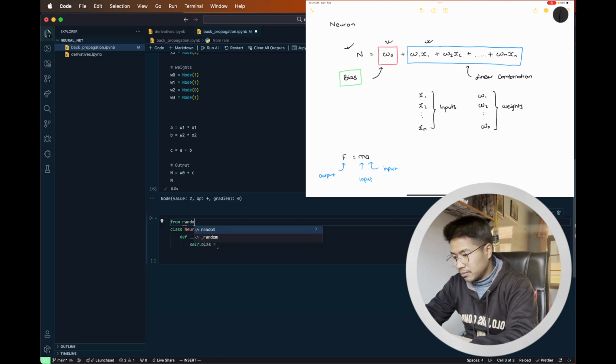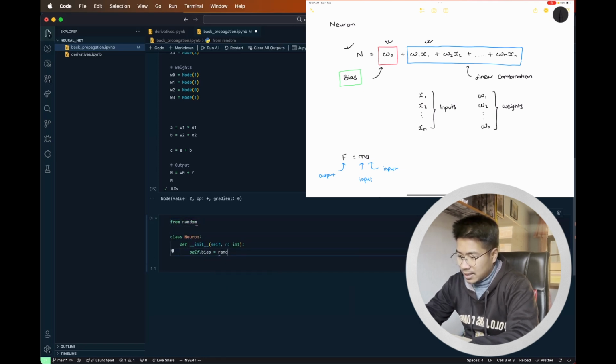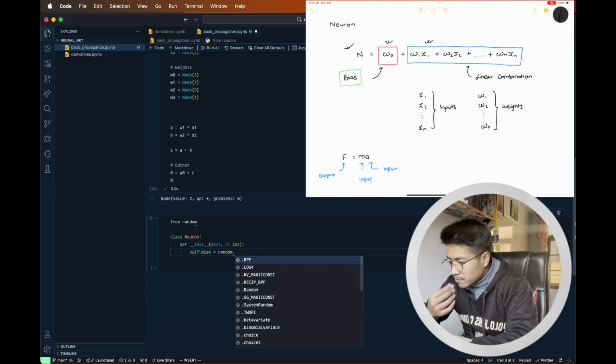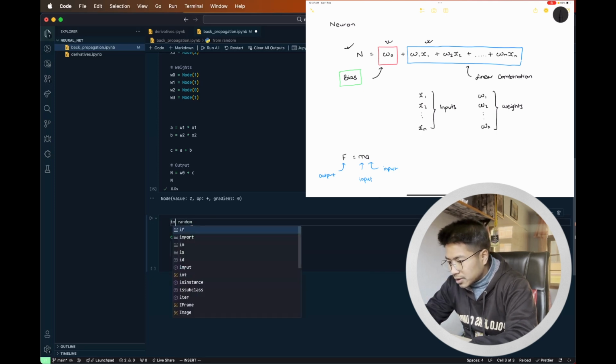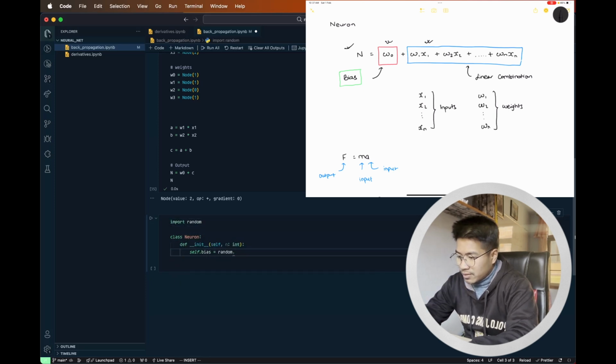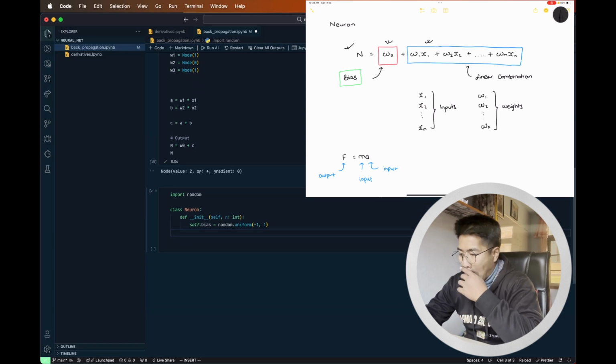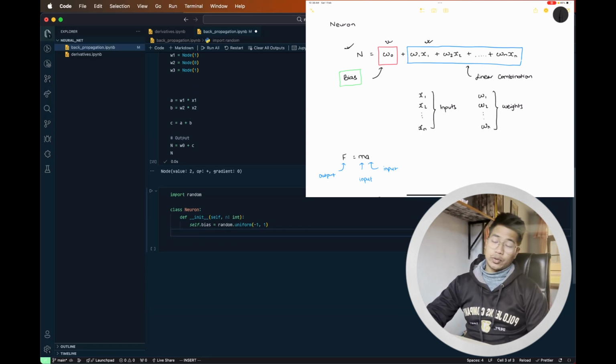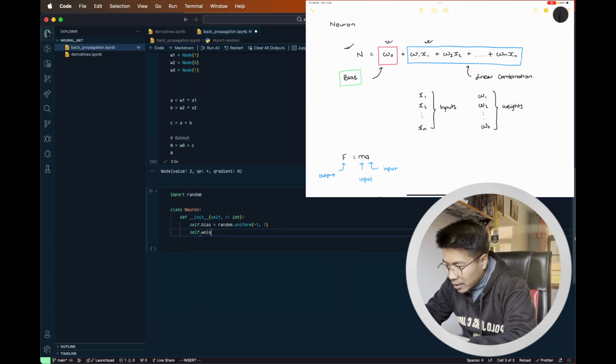So self.bias is random dot, oh, it's not from random, it's import random. So random dot uniform, a value from -1 to 1. That's the value I'd use for my bias. I'll do the same thing for my weights.